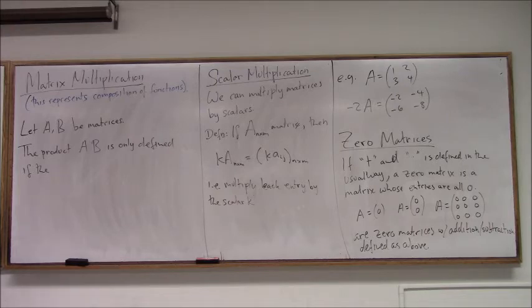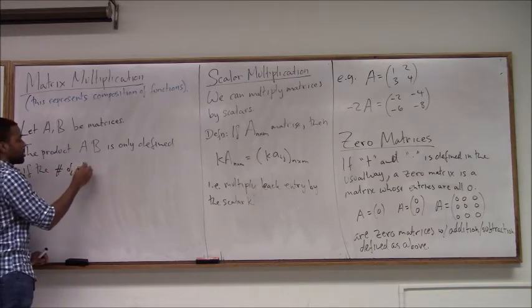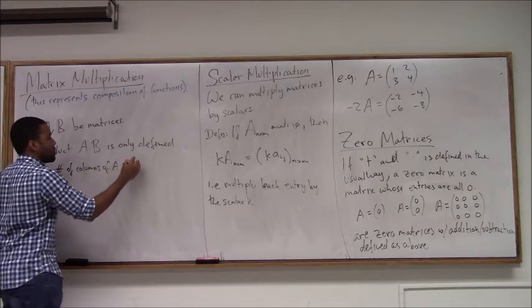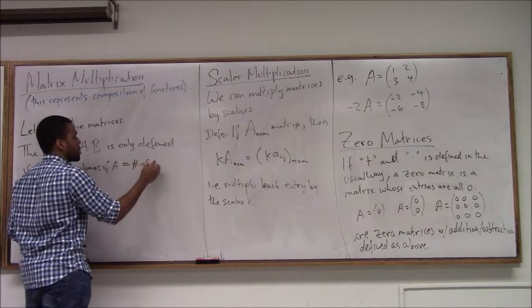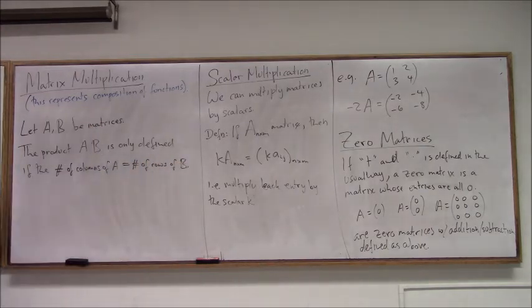What would have to happen for that to work? The output of the first one and the input of the second must be the same. Right, but let's make it simpler in terms of the numbers. If the number of columns of A equals the number of rows of B. Right? That is the only time it will be defined.